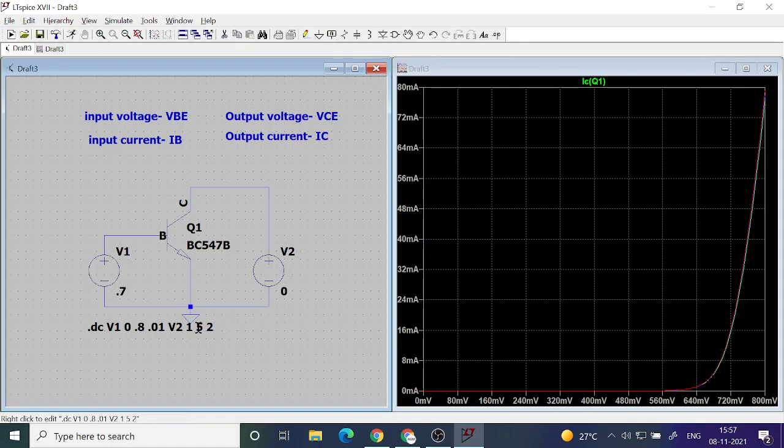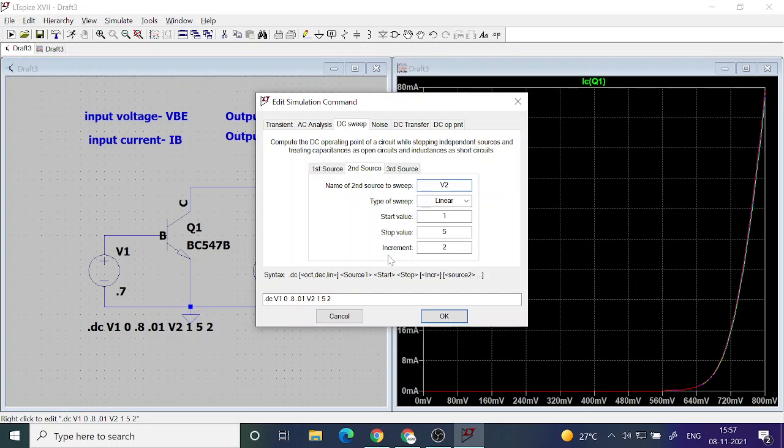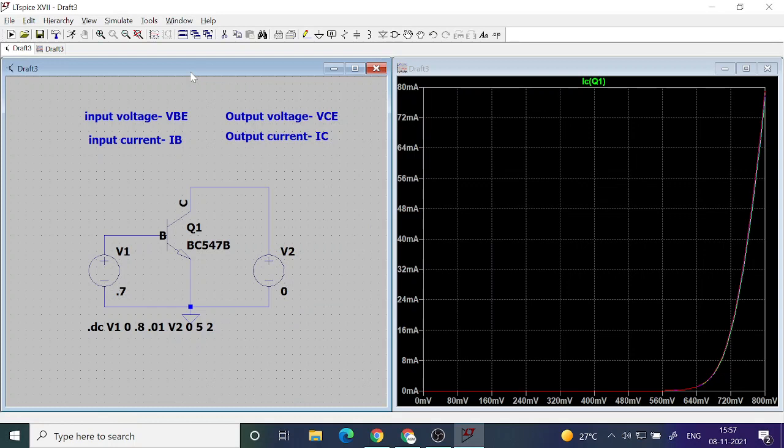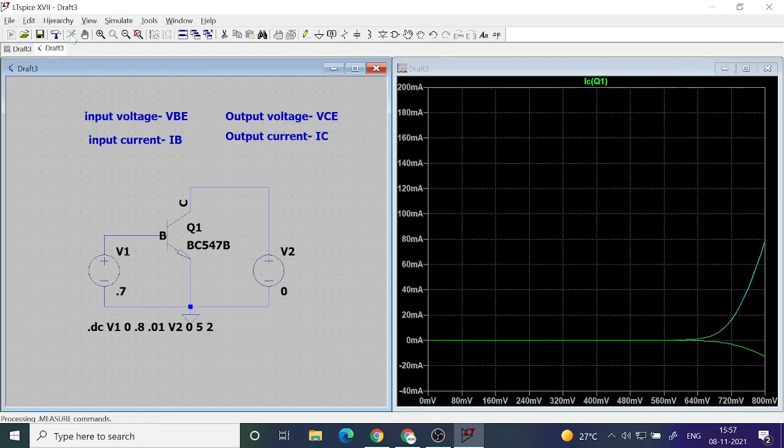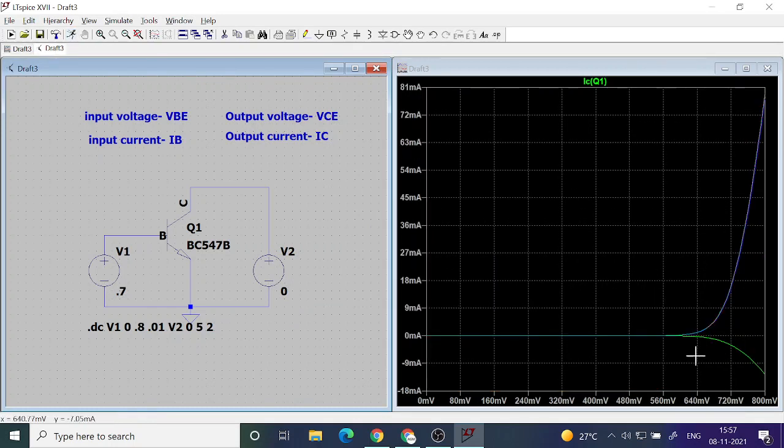But instead of starting from 1, if I started from 0, then one of the curves, as we saw earlier, would be different. It's going in the negative direction, which means the current is not really going into the device, it is coming out of the device. Okay, which I showed in the output characteristics also.